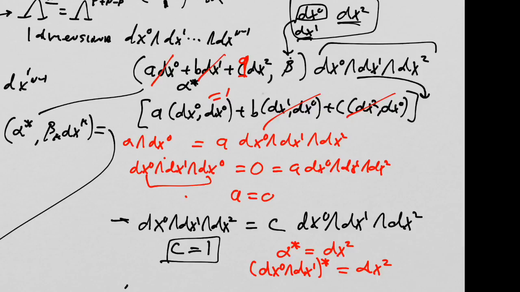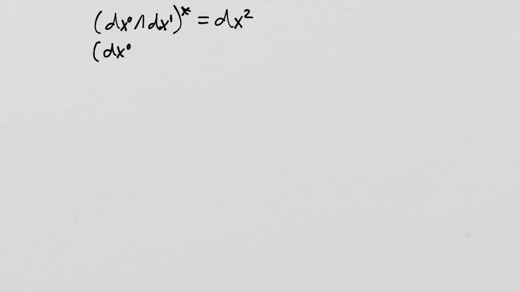Now, I can do this for the others, right? I can write dx0 wedge dx1, the Hodge dual is dx2. Then I can do dx0 wedge dx2, right? That's going to be, it turns out, minus dx1.